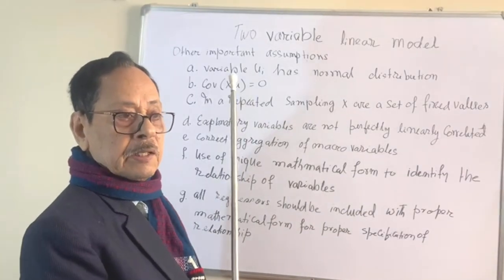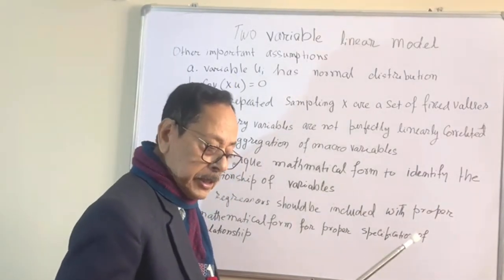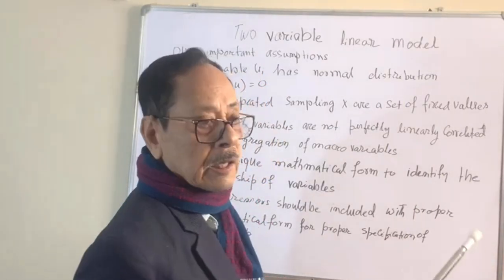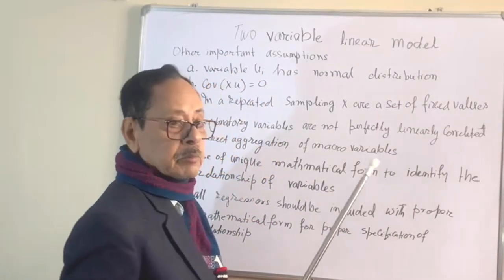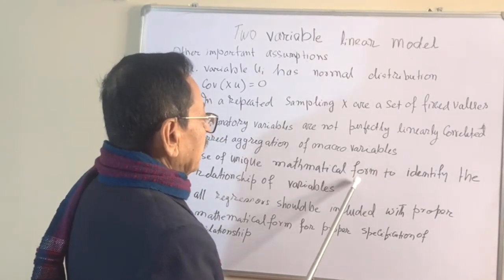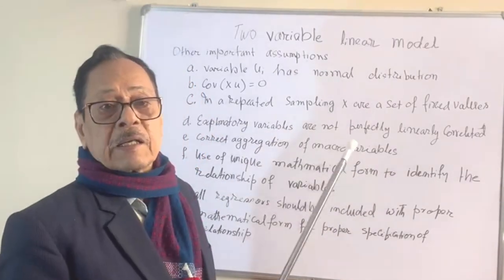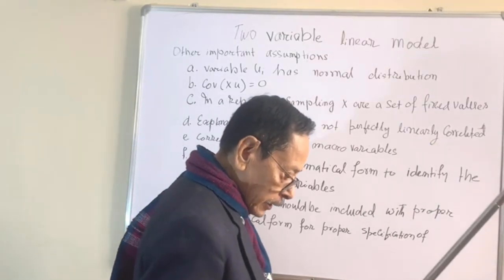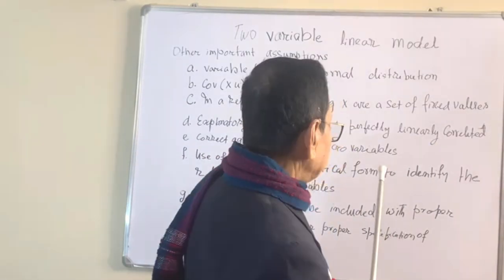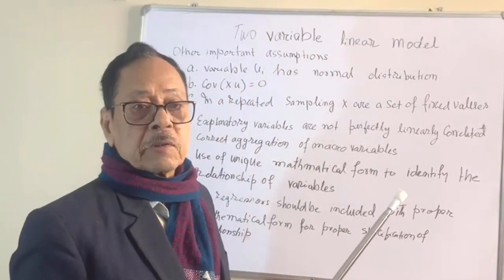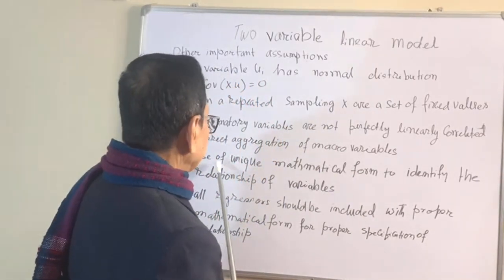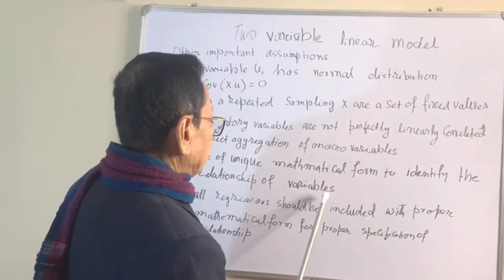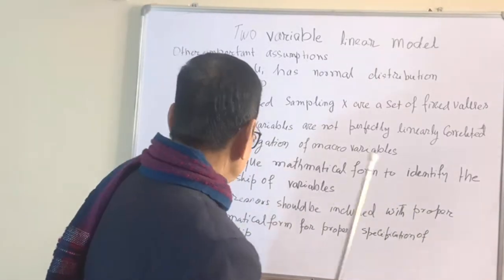As I discussed earlier, maybe a straight line, maybe a curve, a quadratic curve, or maybe a power function, whatever it may be. So it should be relevant to the data. If data says it should be a straight line, but we have fitted a power function, that should not be.